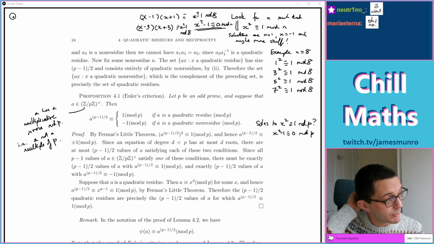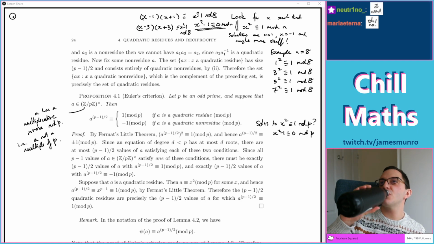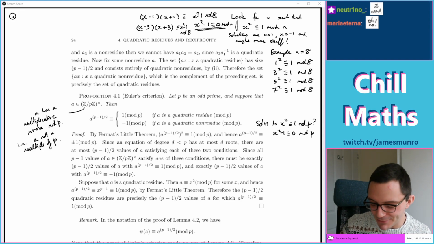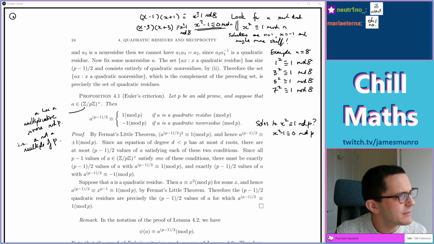The only solutions are 1 and minus 1. Can I prove that? Not right now. That's code for I should remember how to prove this, but I can't remember how to prove this. Some sort of Eisenstein criterion thing.